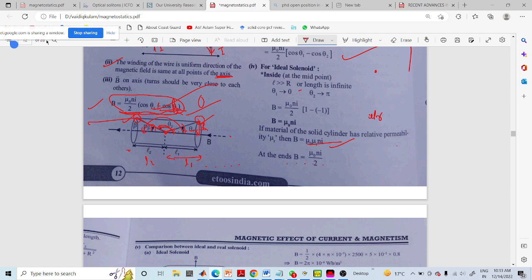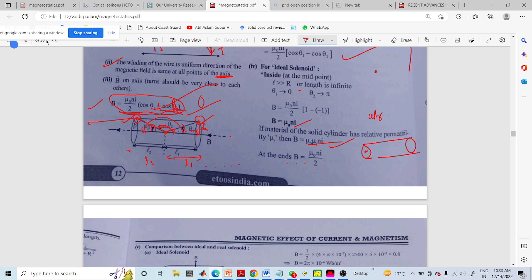Now, the second thing: at the ends, B will be mu naught n I by 2. Like we have a long solenoid, right? What will be the magnetic field at the end? At the end, it will be half of this one.